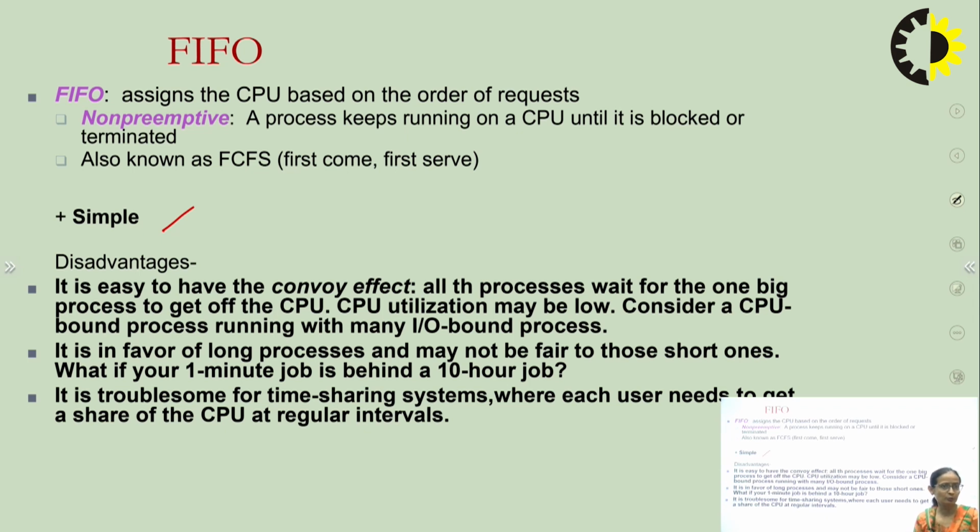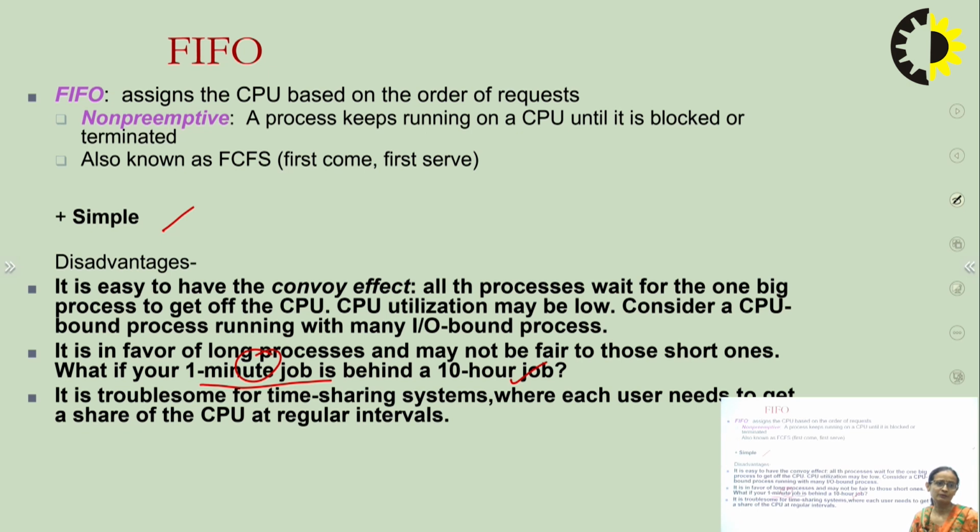Consider a CPU bound process running with many input output bound processes. It is in favor of long processes and may not be fair to the short ones. That is, if a 1 minute job is behind a 10-hour job, then the 10-hour job first gets the chance to be executed by the CPU, and this job keeps on waiting for 10 hours, although it requires only 1 minute to complete.